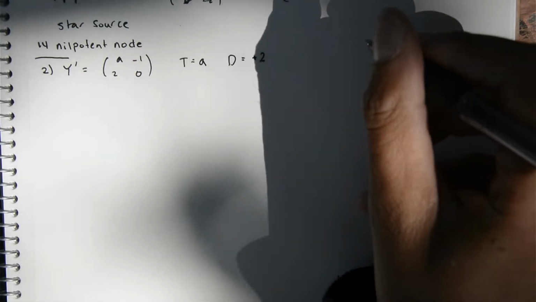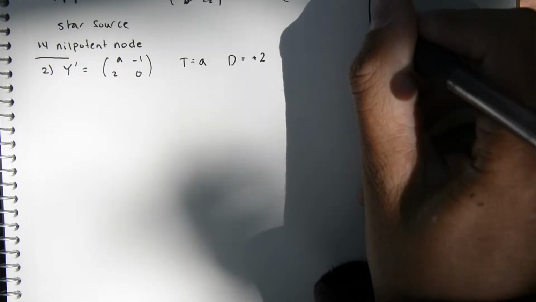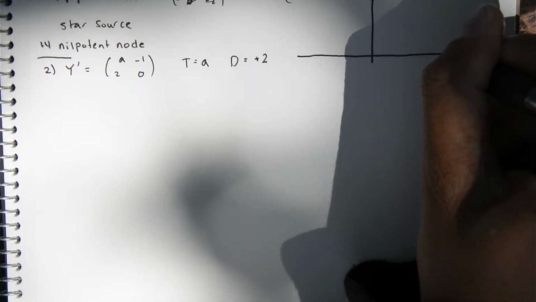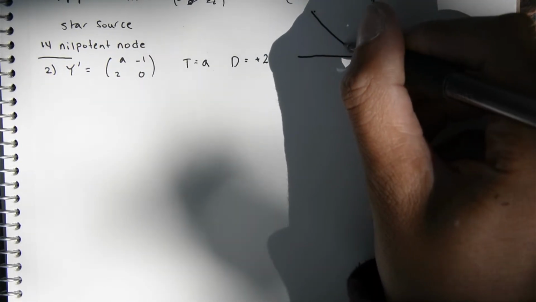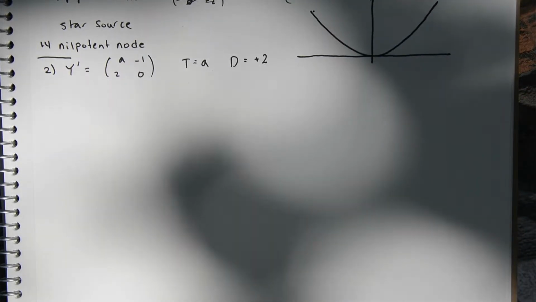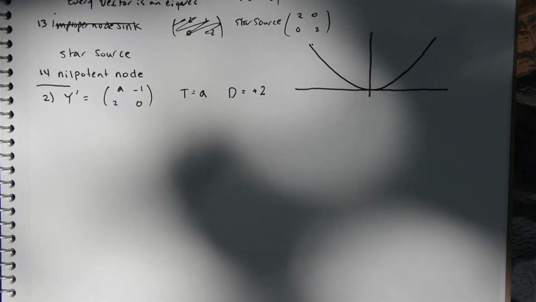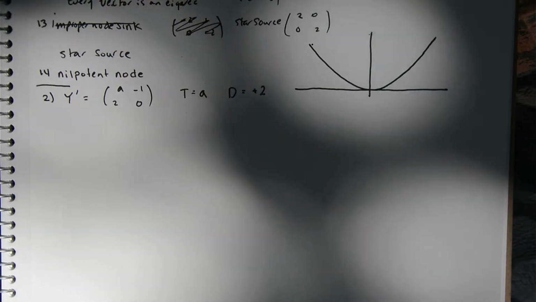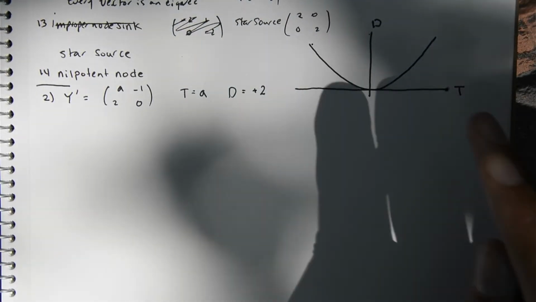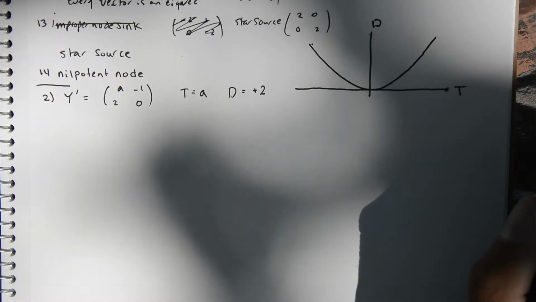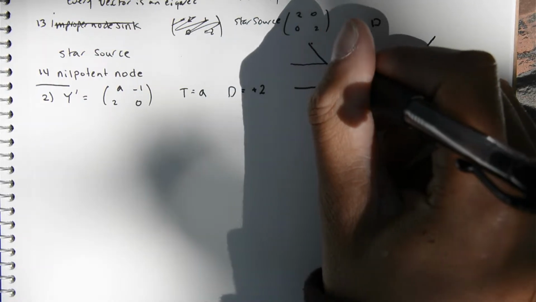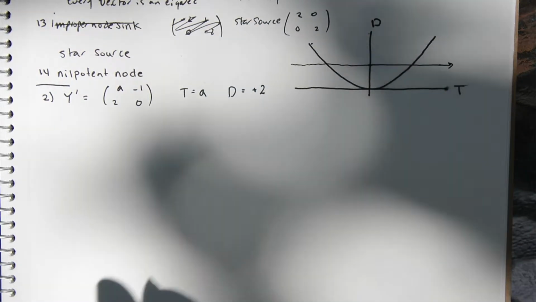So if we're drawing our trace-determinant plane, this is going to be D, and this is T, and so we're like right about here, so we're going to be able to go along here, okay?